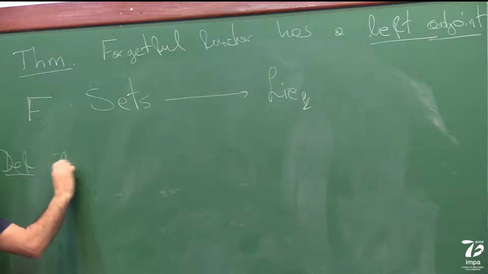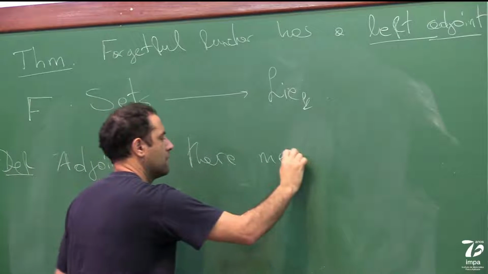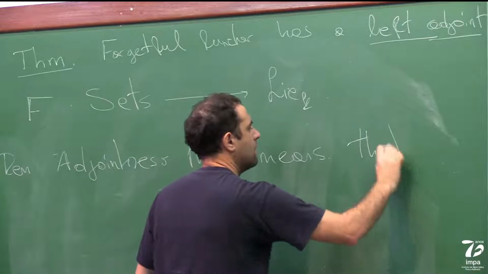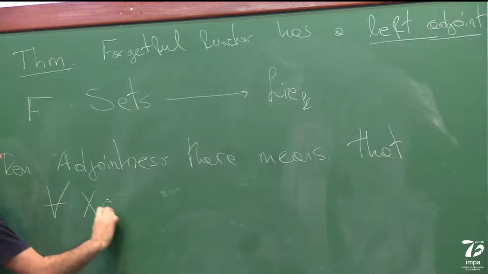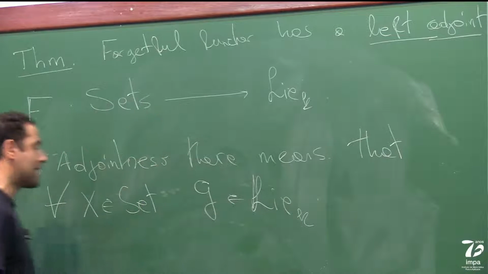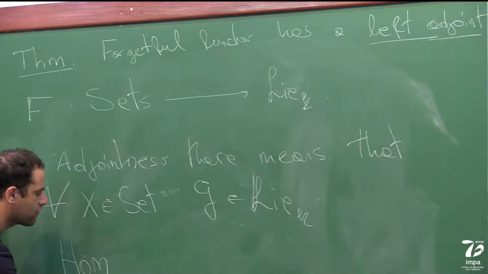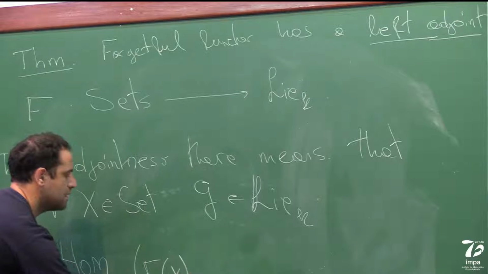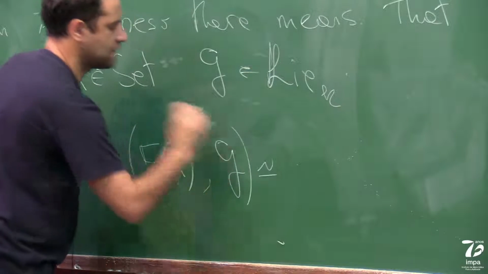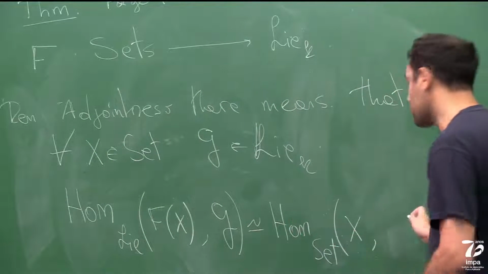This adjointness means, perhaps here instead of definition, this is a remark, that for every pair of X a set and G a Lie algebra over K, there's a natural isomorphism between the set of homomorphisms, in the category of Lie algebras, from the free Lie algebra associated to X, so this is F applied to the set X, to G, and this is isomorphic to the set of homomorphisms in the category of sets between X and the forgetful functor applied to G, so G as a set.